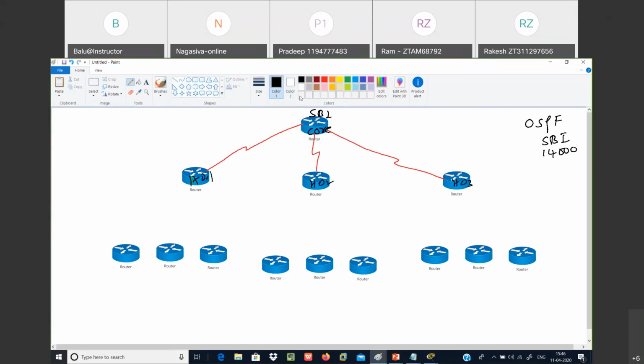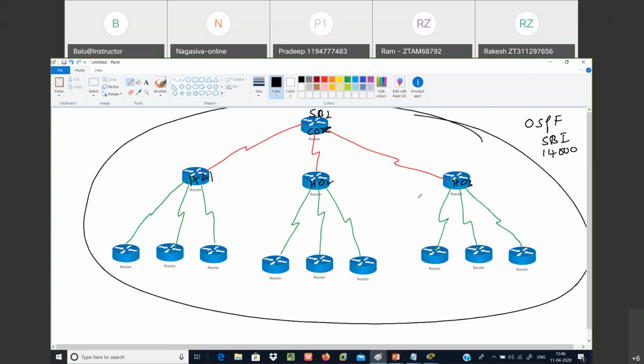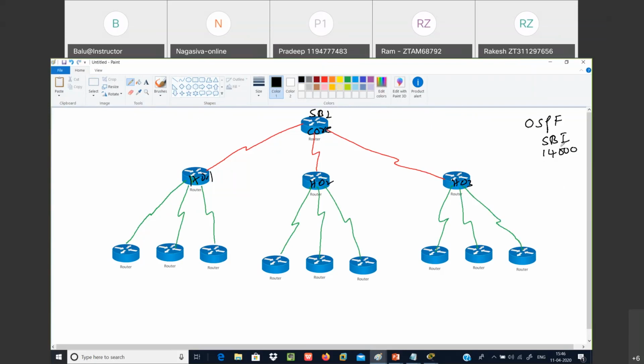From the head offices, the small branches are connected: branch 1, branch 2, branch 4, branch 5, branch 7, and so on. Example, in total 14,000 routers. For this complete topology, which routing protocol is recommended? OSPF. In the 14,000 routers, you have configured OSPF.